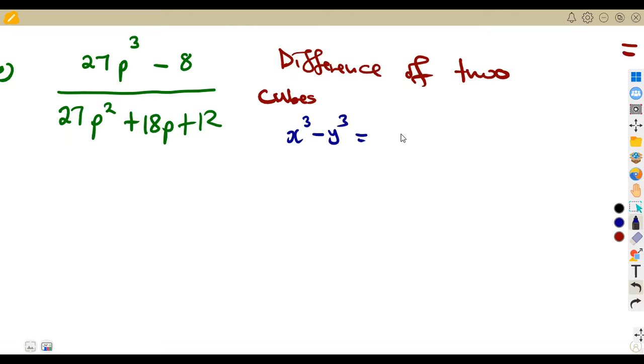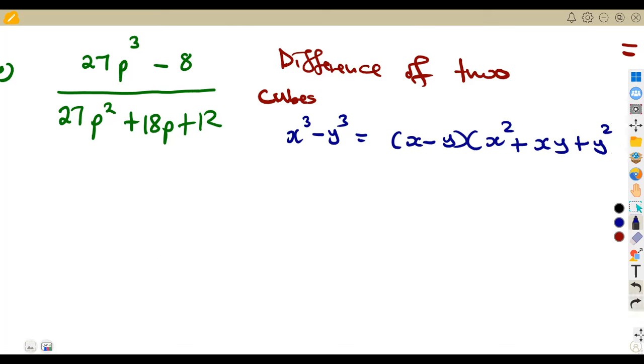You're going to have 2 brackets: x minus y into the first term squared plus the product of the first and last plus the last term squared. Remember our factorization of a difference of 2 cubes. When it is a sum, we're going to add here and here you're going to subtract. That's the difference that you have.